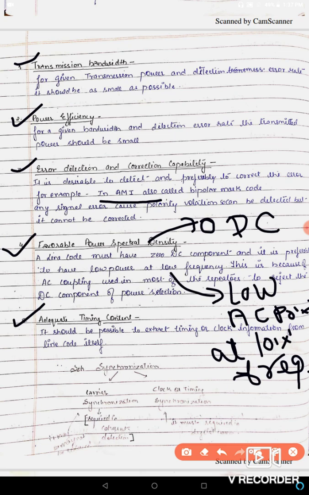There are various methods of synchronization, but the important method is that we must be able to detect the clock from the received signal itself. That is called self-extraction. So the line code must be such that we can detect the timing content or clock from the data itself, and for this it is important to have enough transitions in the given line code.